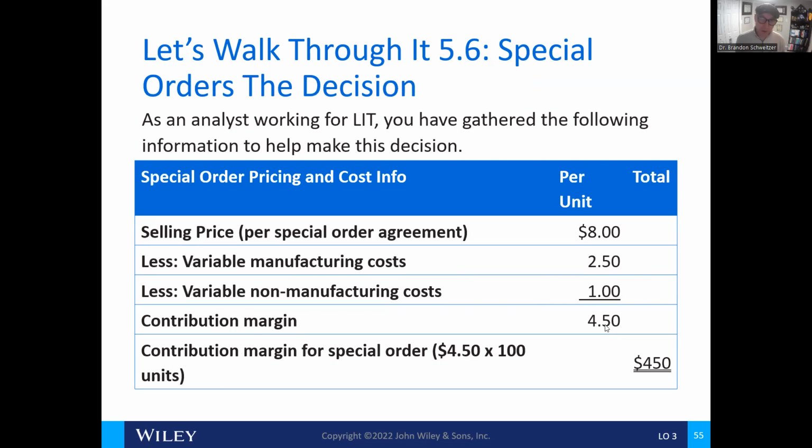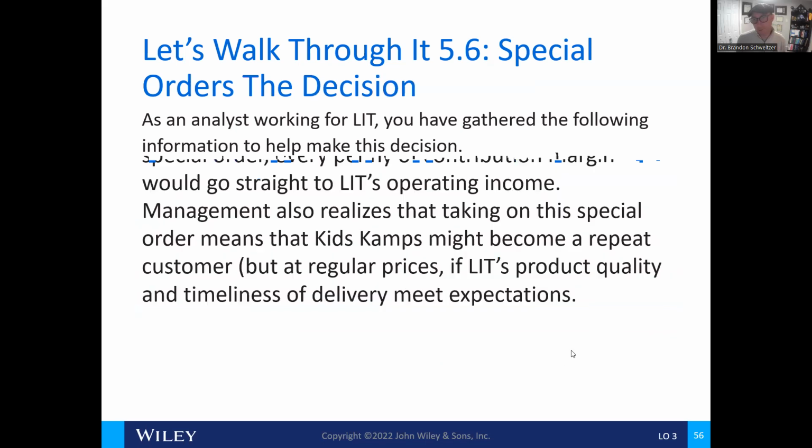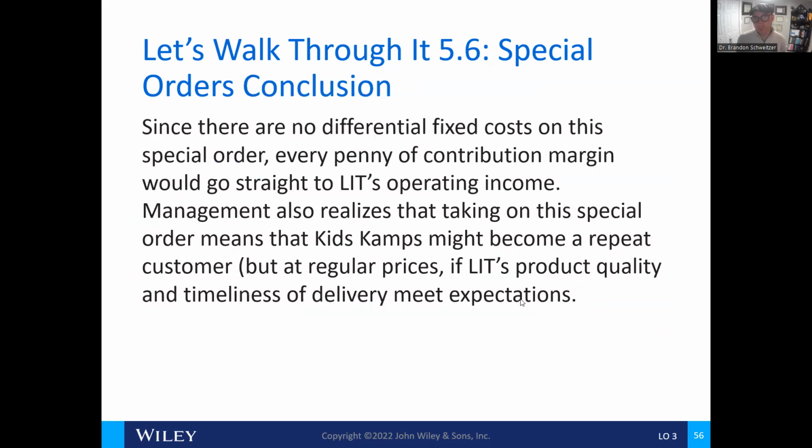At 100 units, that's a total contribution for the special order of $450. Given that there wouldn't be any other differentials or constraints, and understanding that it could be repeat business, we would accept this opportunity to make this special order.